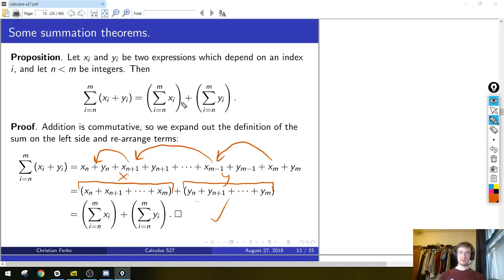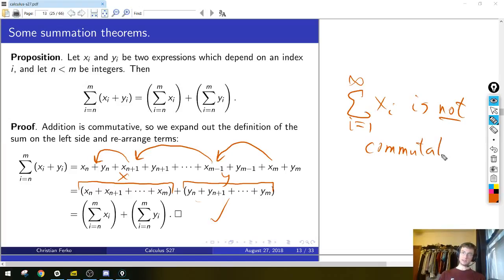This seems obvious, but let me just stress that this is obvious for finite sums. If you're summing up finitely many terms, you can sum them in whatever order you like. As we will see if we go up to chapter 8, if you are summing infinitely many terms, I equals 1 to infinity of x sub I, where I have to define what this means, I haven't told you what it means to add up infinitely many things, but this is not commutative.